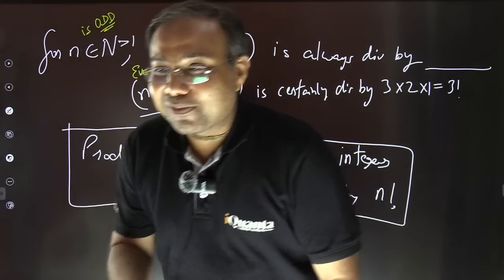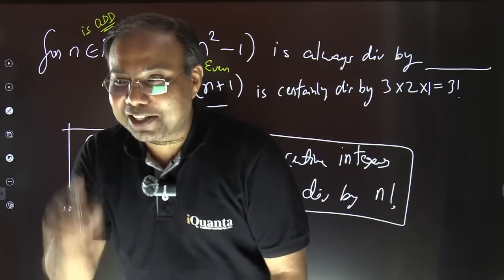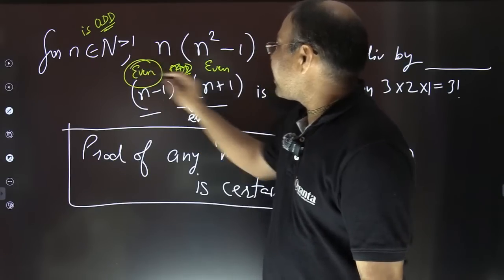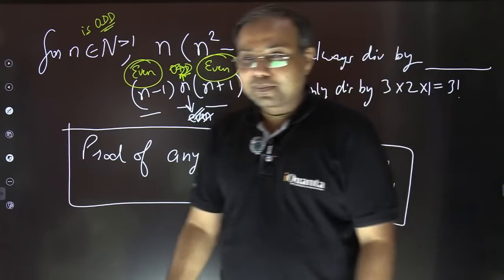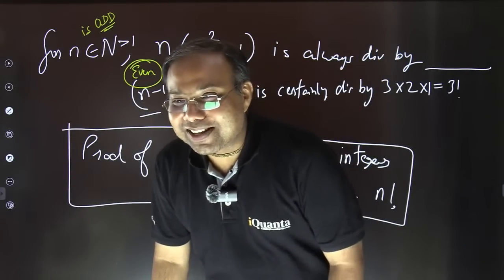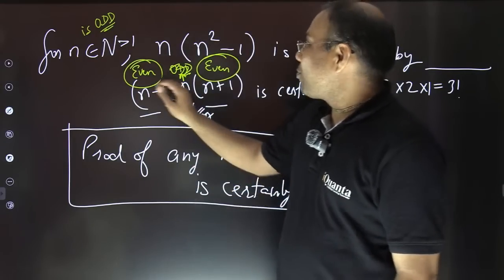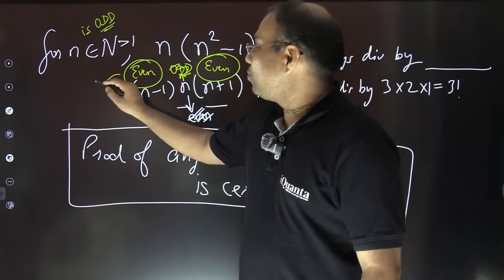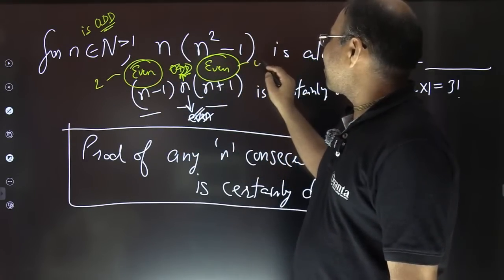So listen carefully. Now it is not 12. Shavik, still it is not 12. Listen everyone carefully. Now there are certainly two numbers which are even. Yes or no? Now 24 is the answer, right? Because out of two consecutive even numbers, one will be a multiple of 2 and the other will be a multiple of 4.